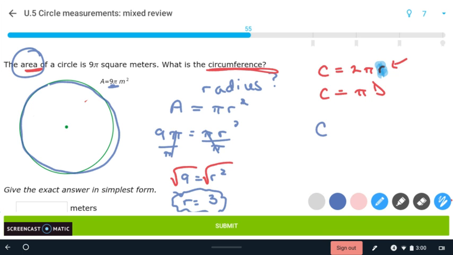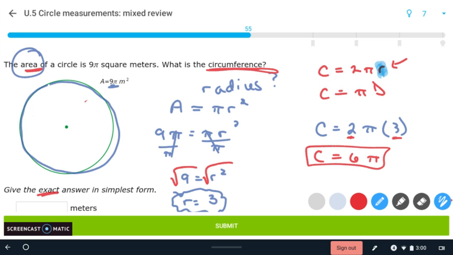So we have c equals 2 pi, and our radius is 3. Go ahead and multiply any number. So 2 times 3 is 6. Keep the pi because they still want it in exact form. So our answer is going to be c equals 6 pi.